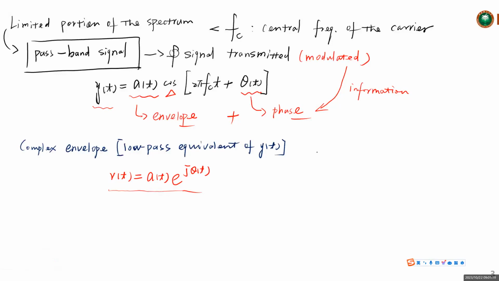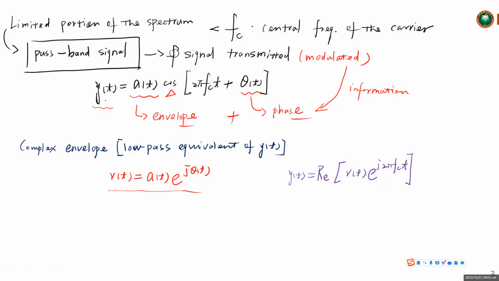So that means y(t) can be expressed from the complex envelope r(t) by a multiplication of the carrier phasor, and then taking the real part, all right?